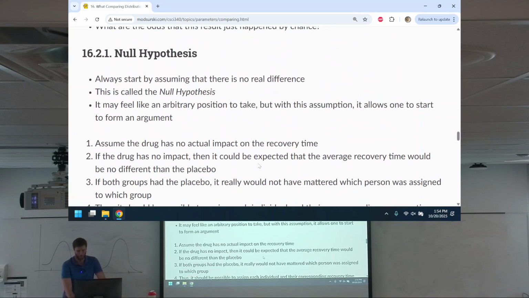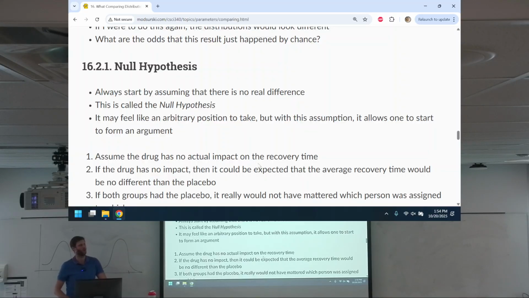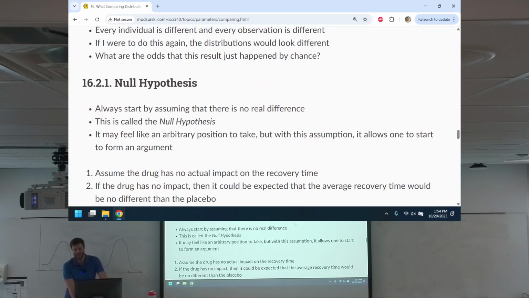All right, so we always start with that null hypothesis, and this allows us to ask this question. Always assume there's no difference, okay? It's called the null hypothesis. It may feel like an arbitrary position to take, which it kind of ultimately is, but with that framing, it helps us follow a nice intuitive pathway into what a p-value actually means.